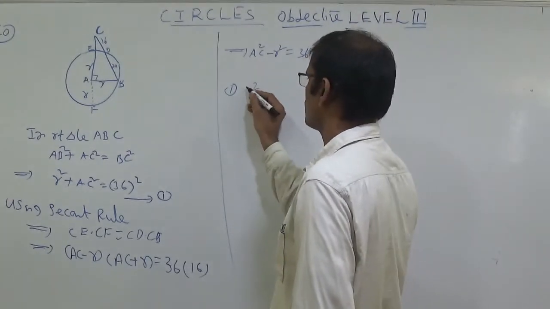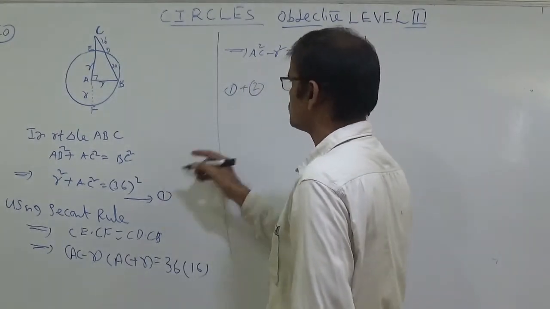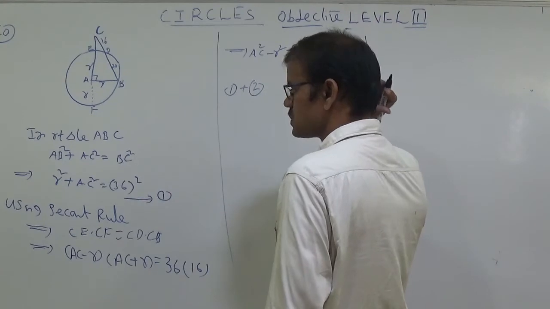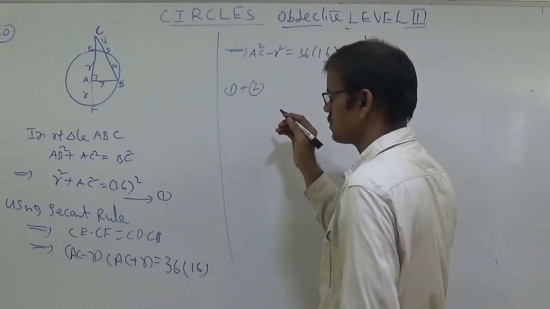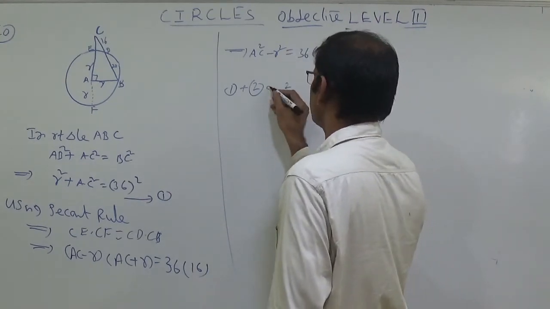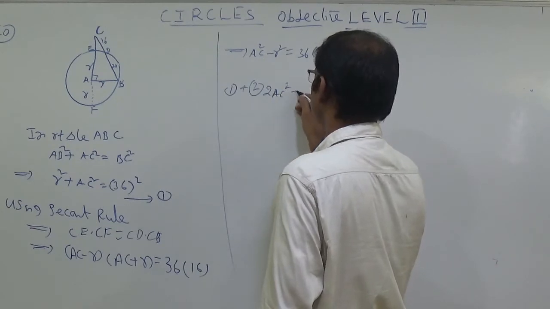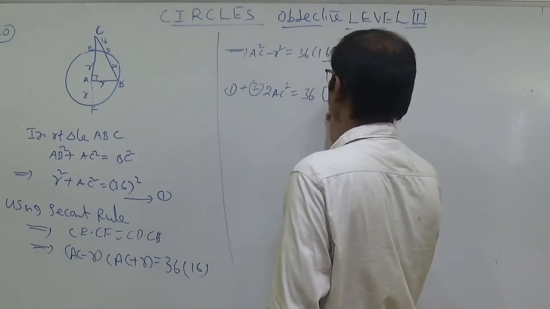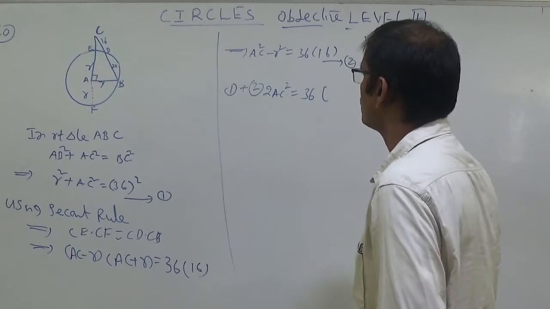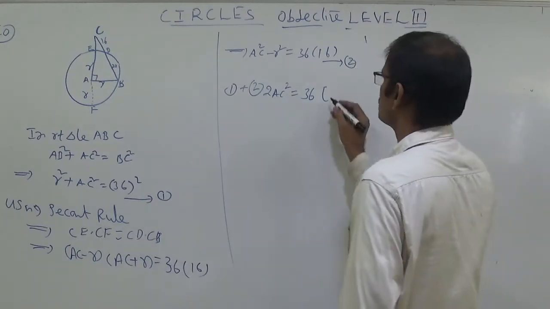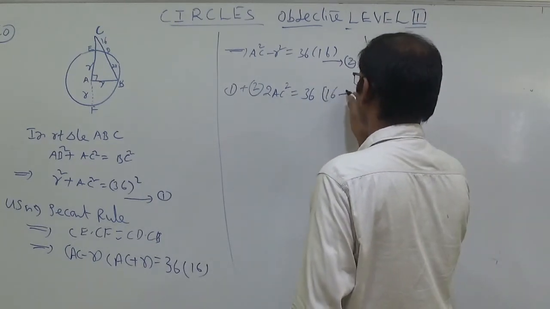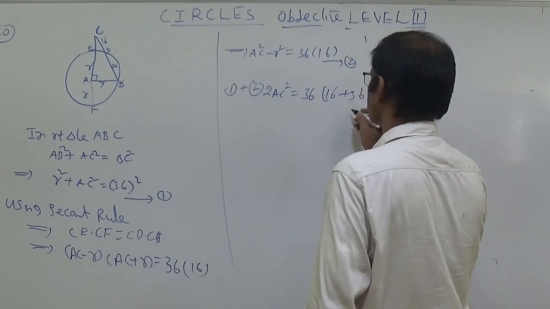Now we add 1 plus 2. AC square plus R square and AC square minus R square, the R square terms cancel. Then we can write 2AC square is equal to 36 taken common, here you can write 16 plus 36.